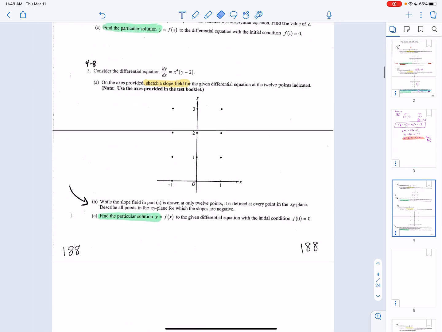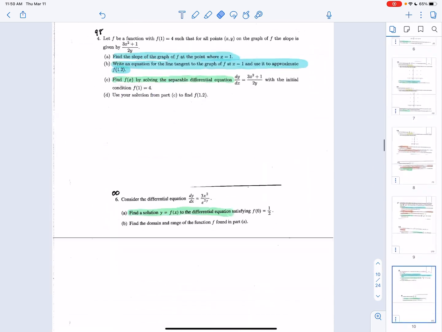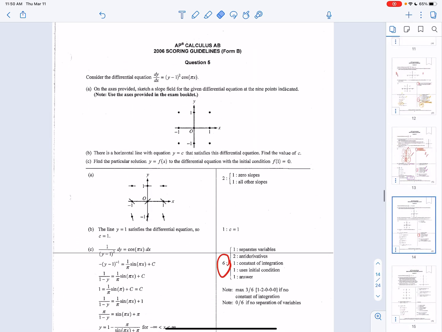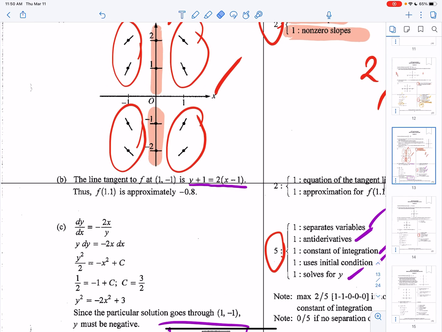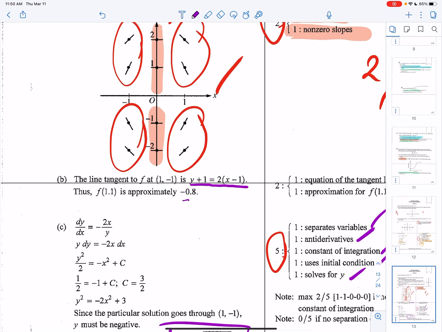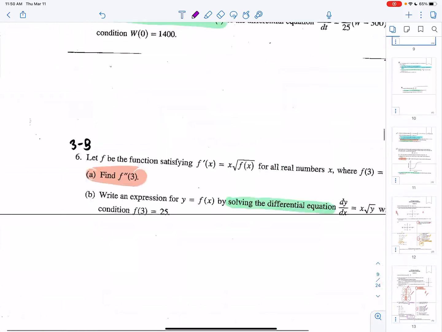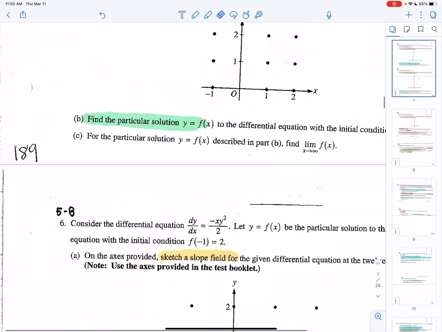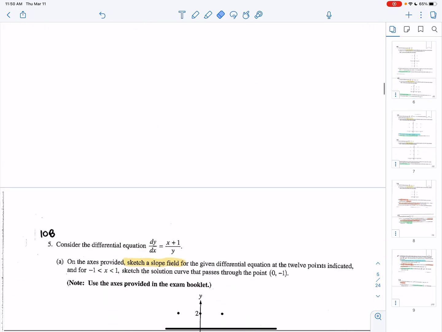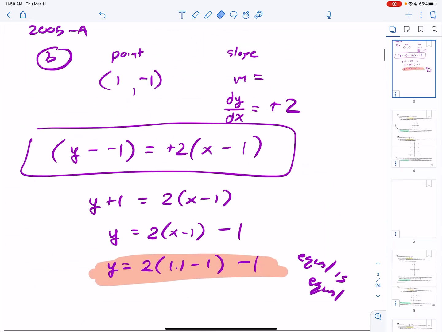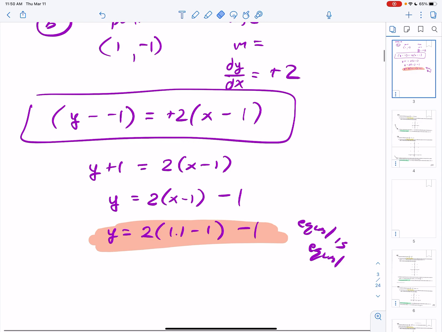So if you take a look at the score guidelines one more time. Where am I? Okay. Here it says approximately negative 0.8, okay? I did not write that. Where am I? I'm lost. Okay, I didn't write that, but equal is equal. So I still earned the point, okay?